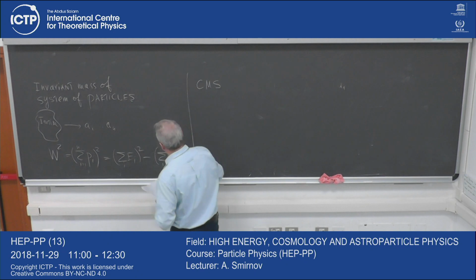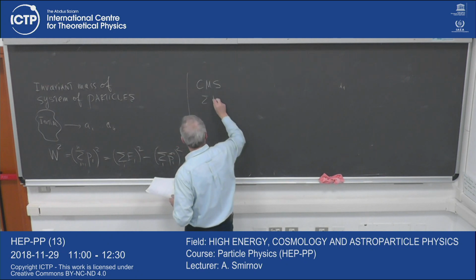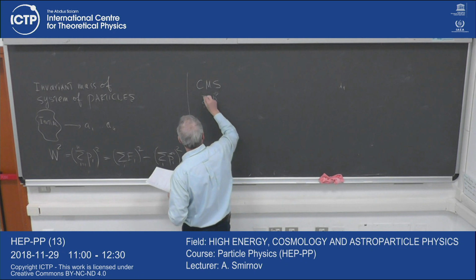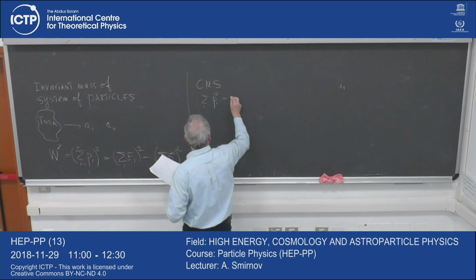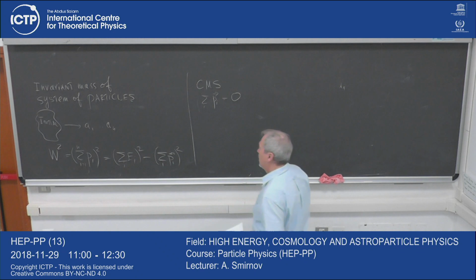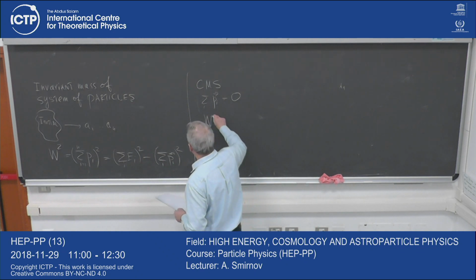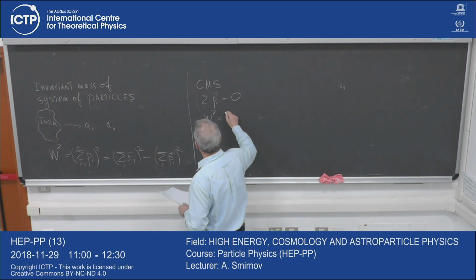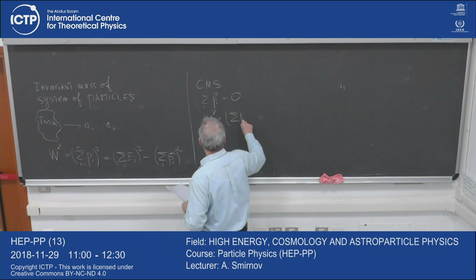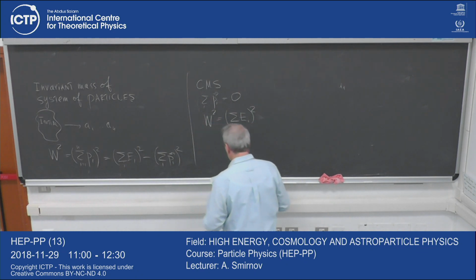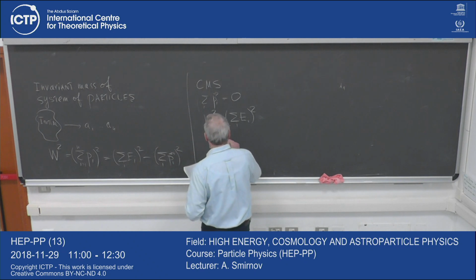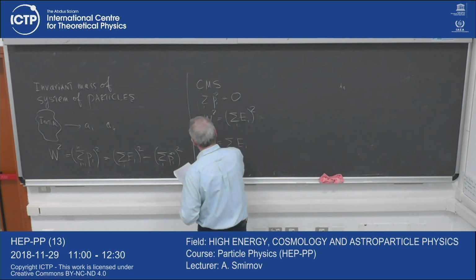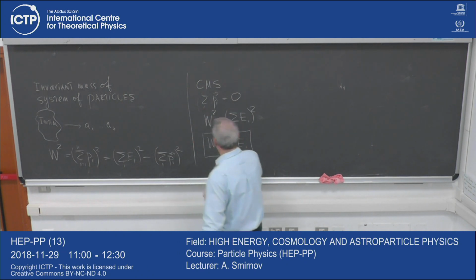In the centrum of mass of these particles, the sum over momenta is 0, and our W squared is just equal to the sum of the energies squared, and W itself is the sum of energies of particles in the centrum of mass frame.